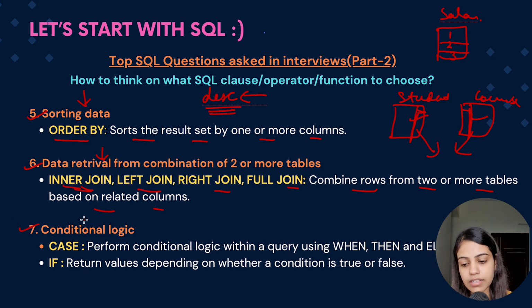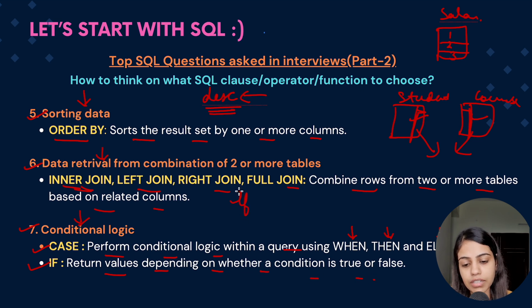Now coming to the next scenario, that is conditional logic. In where we were filtering the data based on some condition, but how can we create the condition? For creating the condition we use case and if. Case performs conditional logic within a query using when, then and else, and if returns a value depending on whether a condition is true or false.